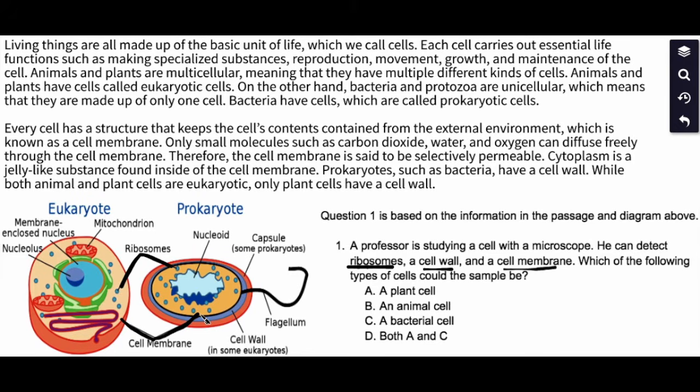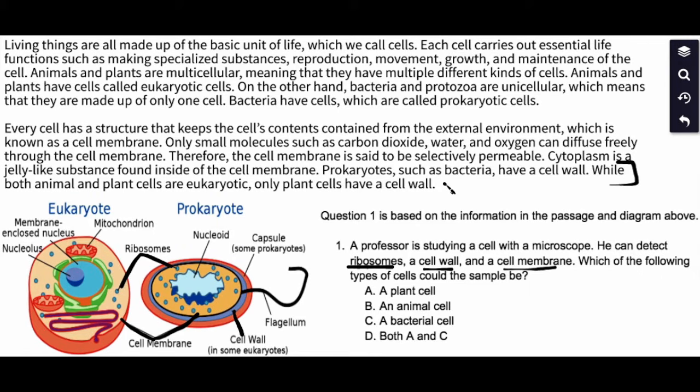So the fact that he sees that his cell has both ribosomes and a cell membrane, that is not all that helpful. But the cell wall component here is the thing that we want to zero in on, because we see here that prokaryotes have a cell wall, and it tells us that in some eukaryotes you'll see a cell wall.